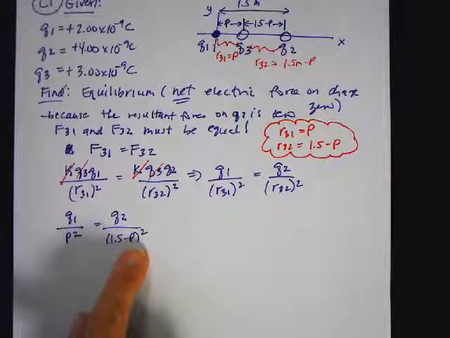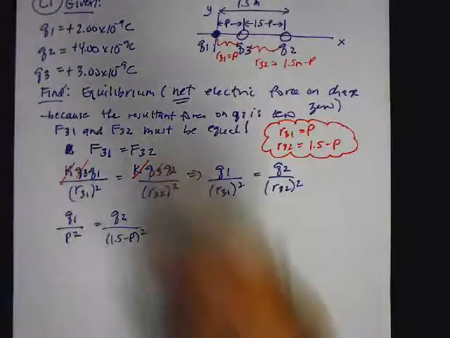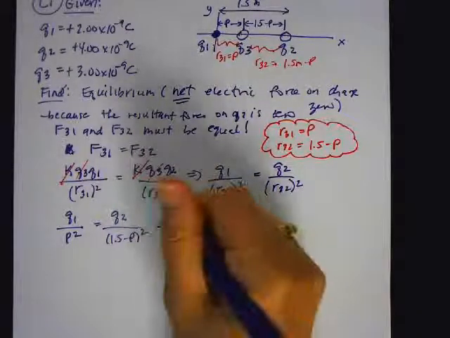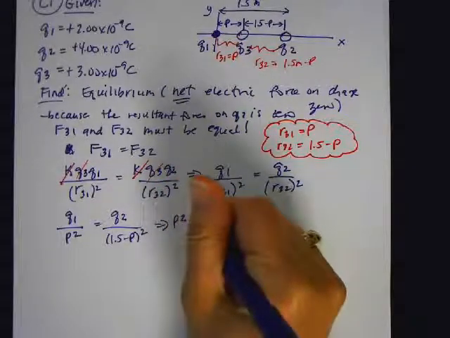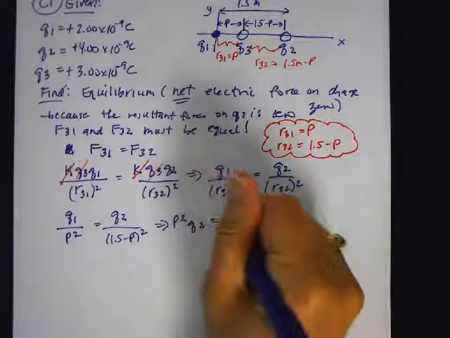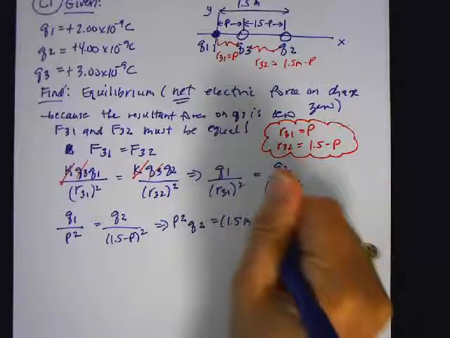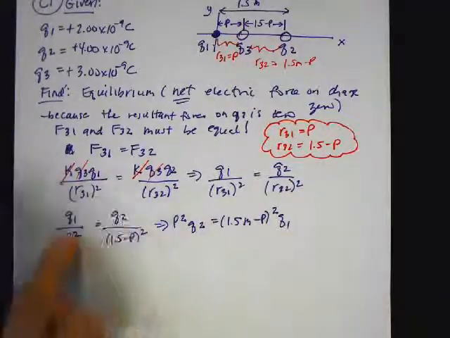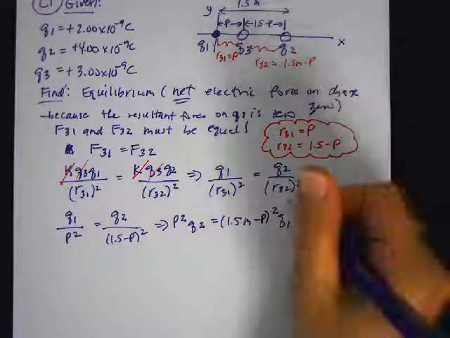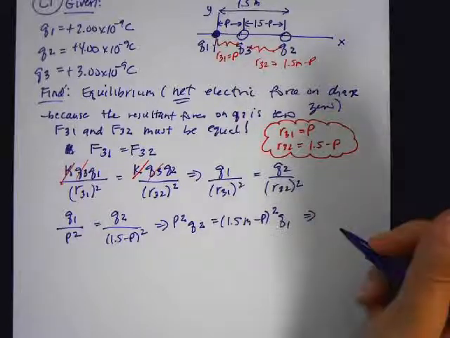So when I multiply it out, I would cross multiply. I would have P squared Q2 is equal to 1.5 meters minus P squared Q1. I just cross multiply. Then I'm going to try and simplify.